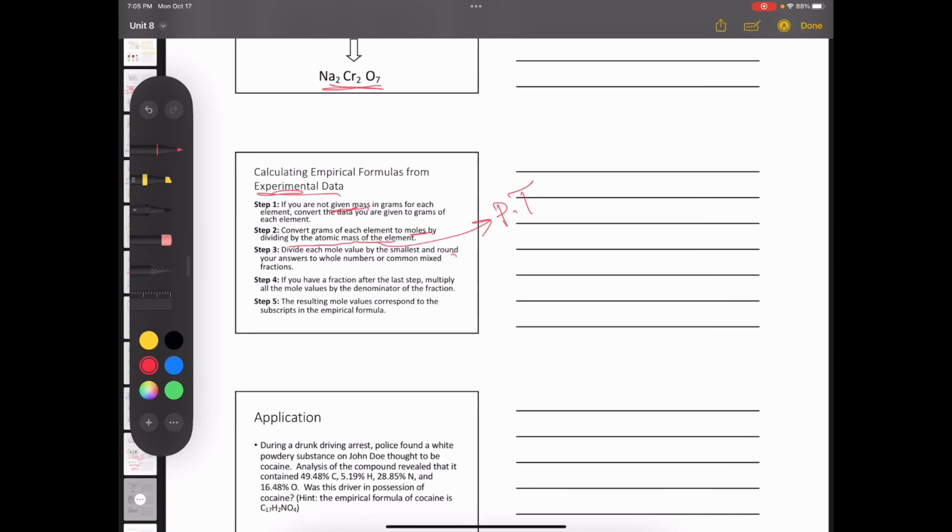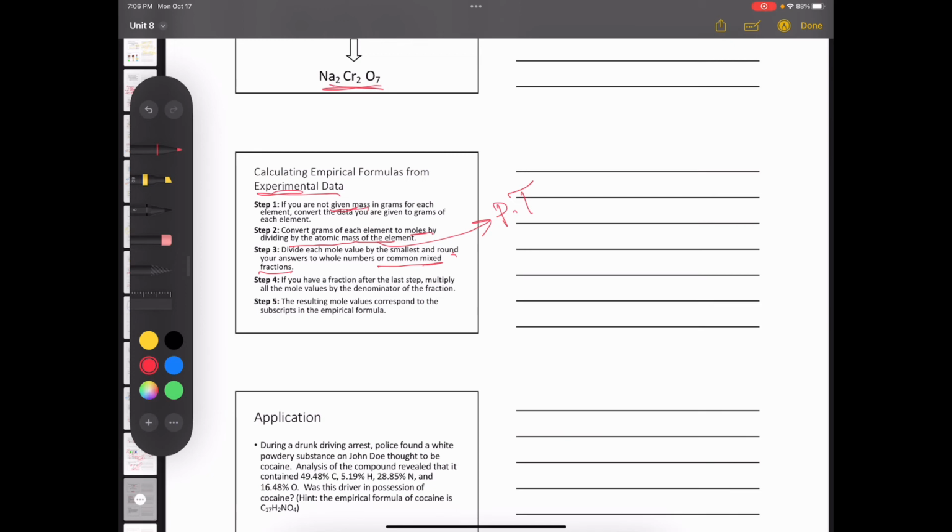Then you divide each mole value by the smallest and round your answers to a whole number or common fraction. If it's not an integer, you'll have to multiply by a whole number until the ratios are integers.